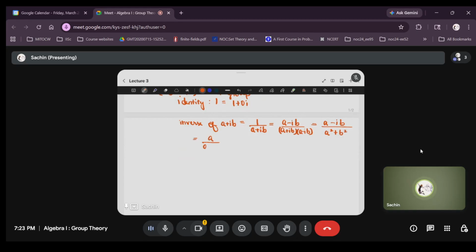So this is of the form a by a squared plus b squared plus minus b by a squared plus b squared into i, which is a complex number. So C star is a group under complex number multiplication.